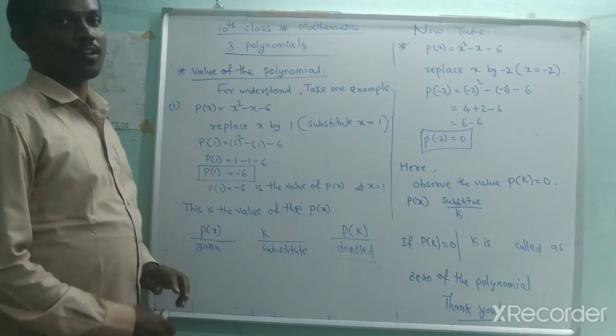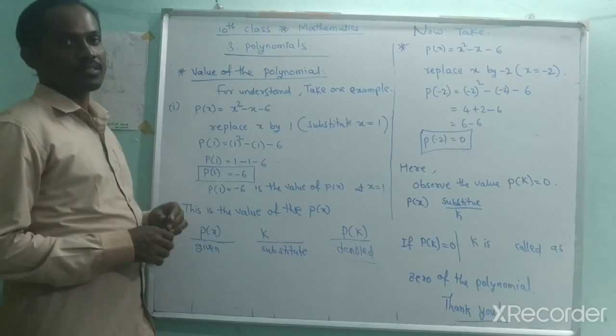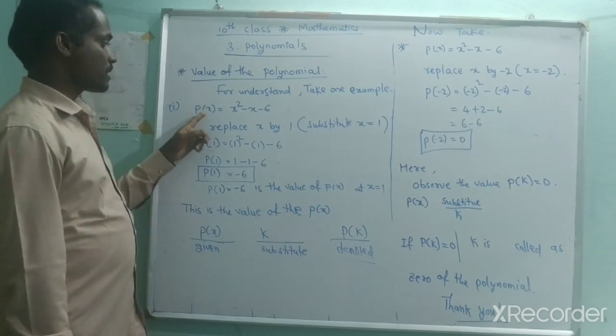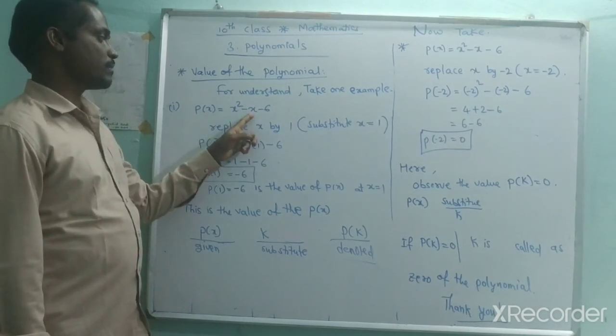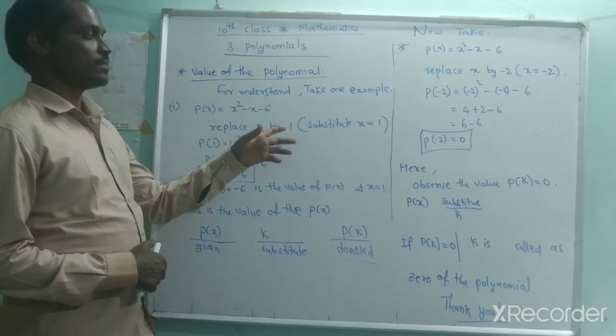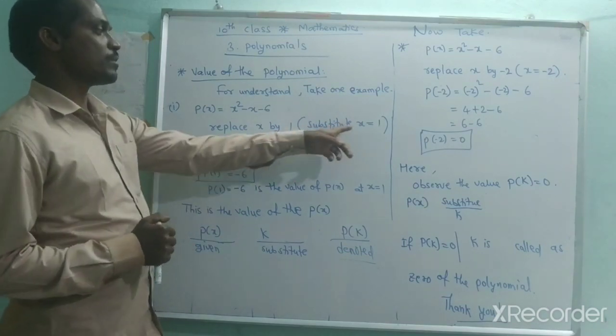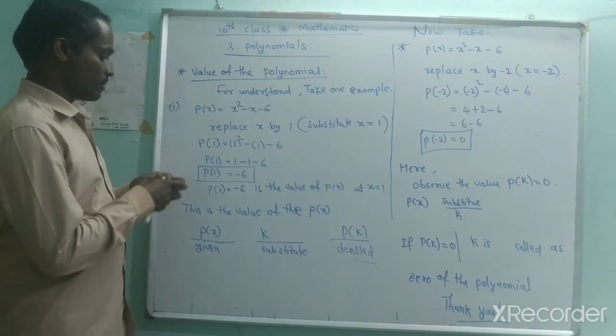Okay. Next concept is the value of a polynomial. For understanding, we take one example. p of x is equal to x square minus x minus 6. Replace x by 1. Suppose we take x is equal to 1. That means substitute the value 1 in the place of x.